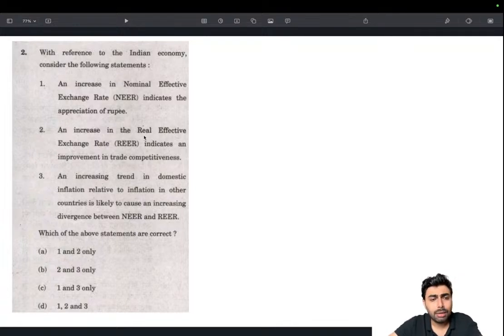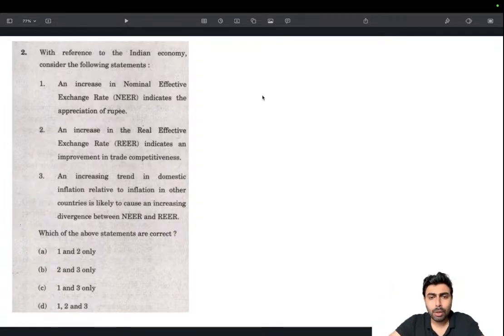An increase in real effective exchange rate indicates an improvement in trade competitiveness. We know that trade competitiveness and appreciation of rupee are inversely linked, meaning that if the rupee gets more valued or appreciates, the trade competitiveness actually decreases. That's a basic thing. So without actually knowing about NEER or REER, with the basic understanding that an increase in value, that is appreciation of the rupee or any currency for that matter, reduces trade competitiveness in a basic form.